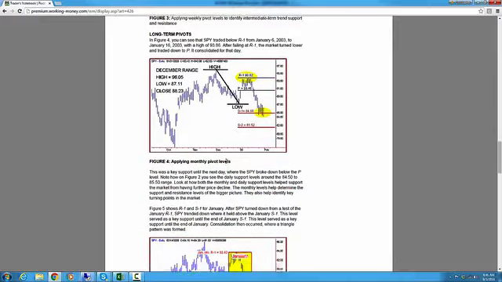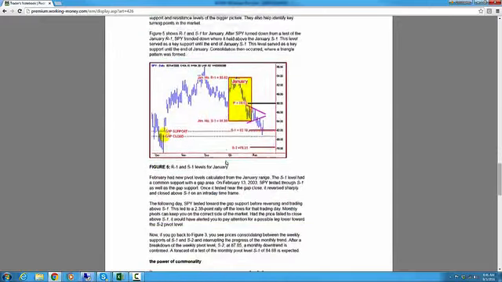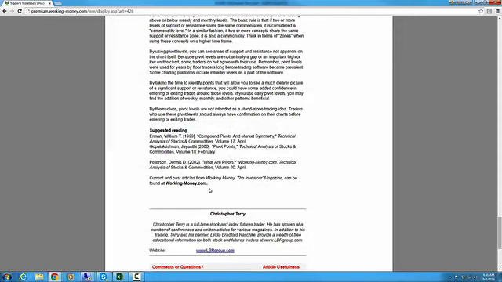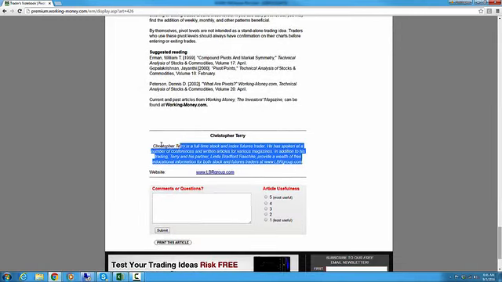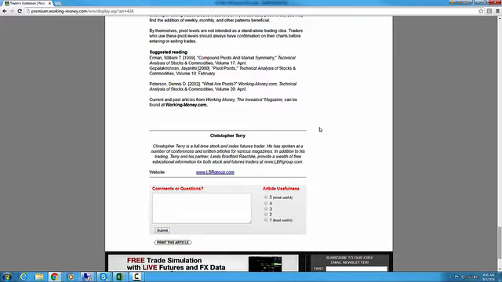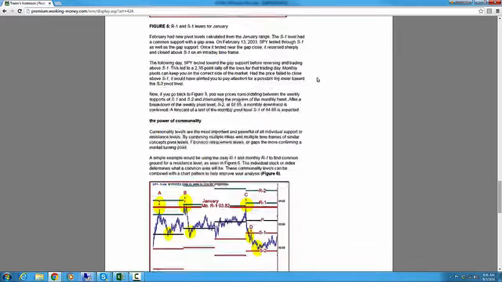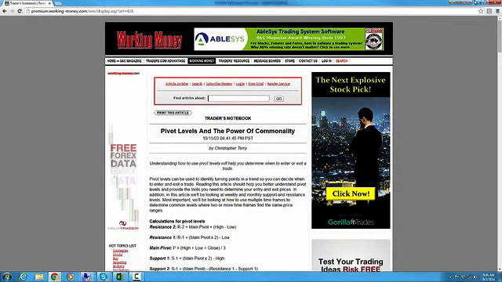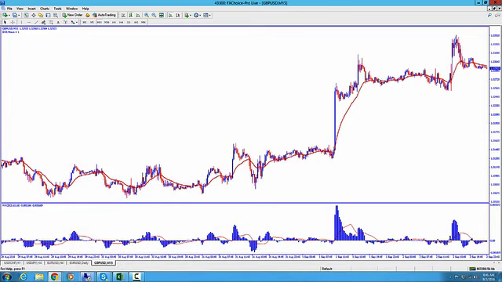I think you can get a lot of value out of it. This is from when I had my old company with my partner Linda Bradford Raschke. Again, these pivot levels are used as support and resistance, and you can just search this out and take a look at that.